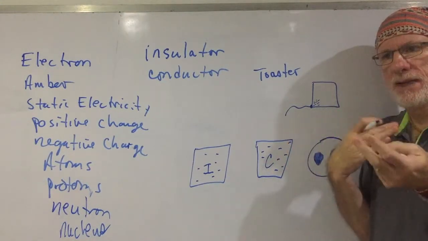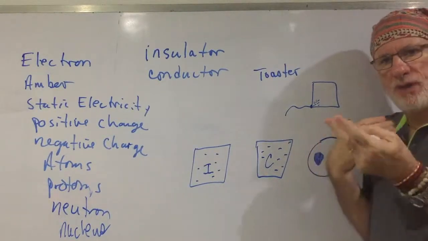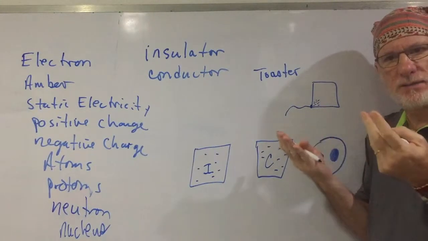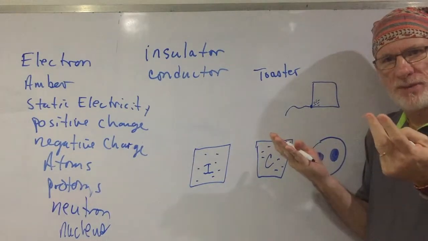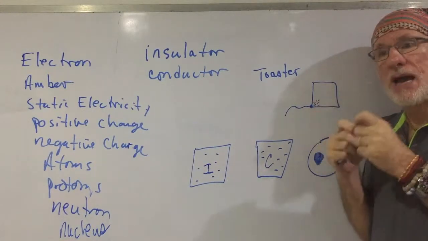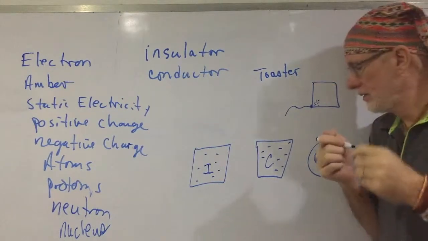And because those electrons keep flowing, you're going to have a buildup of that negative charge. Is that reasonable? Okay. So if I touch that toaster, I could get a shock.